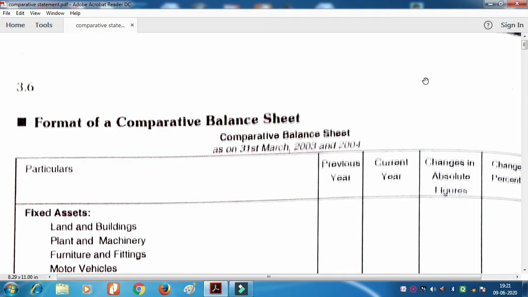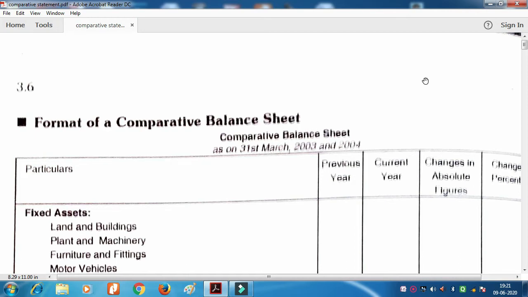Now why is it done, or what is meant by this comparative balance sheet or comparative PL account? We need to prepare this statement to compare two years' balance sheets or two years' PL accounts. The motto is to see whether there is an increase or decrease from the previous year level.